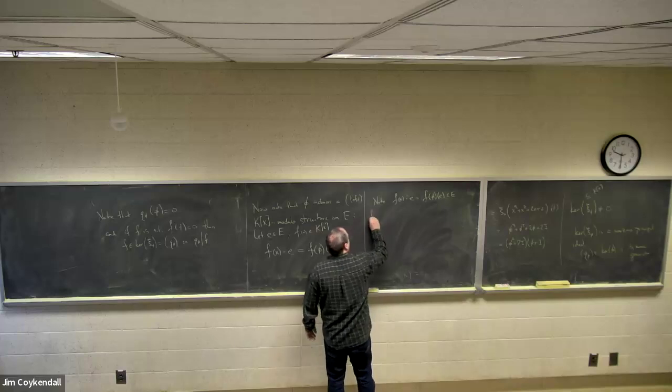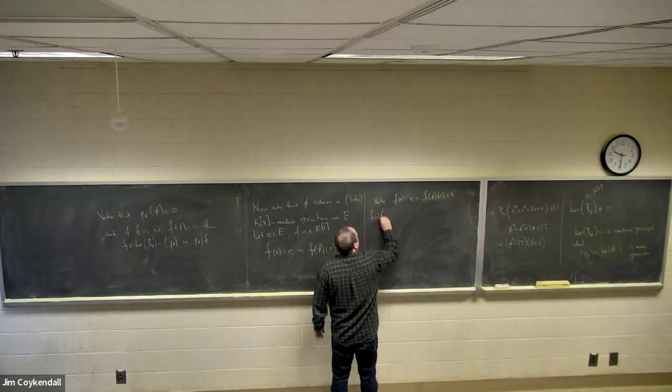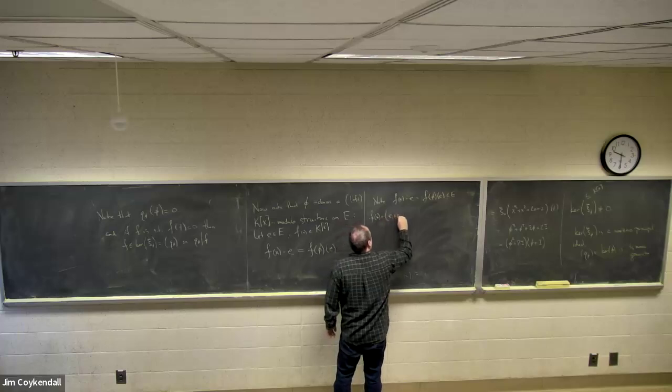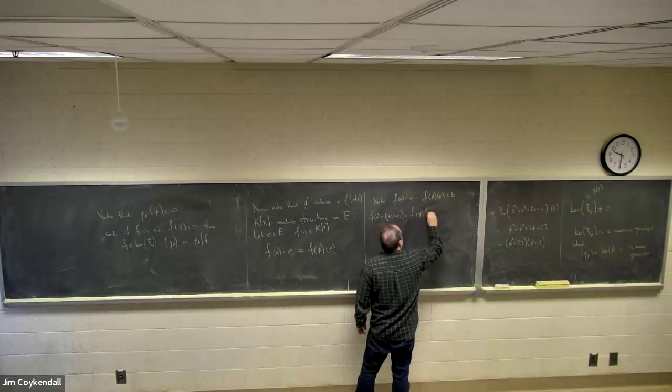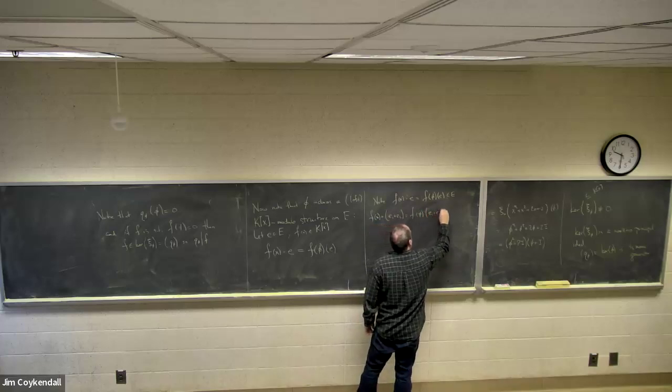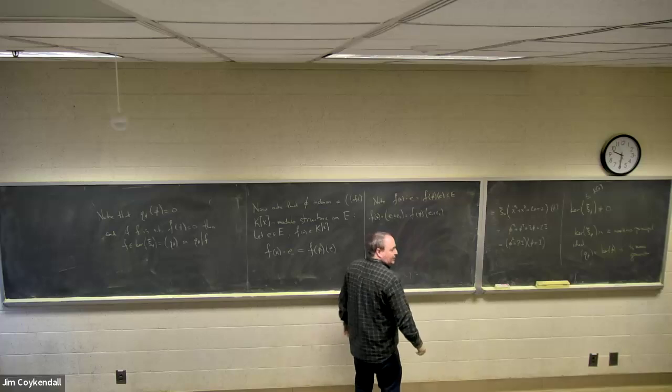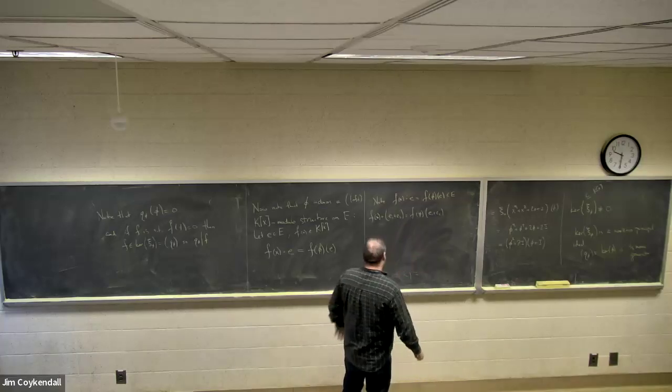Notice that f of x is f of phi, p1 plus p2. And of course, f of phi is a linear transformation, so I can break that up.